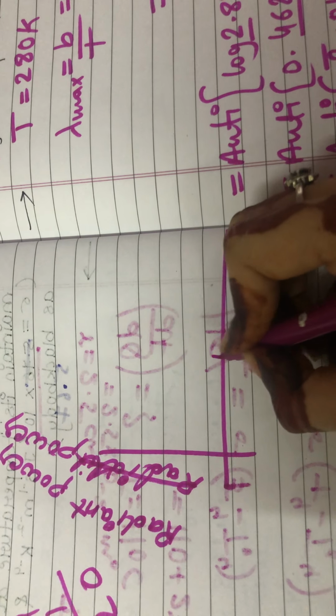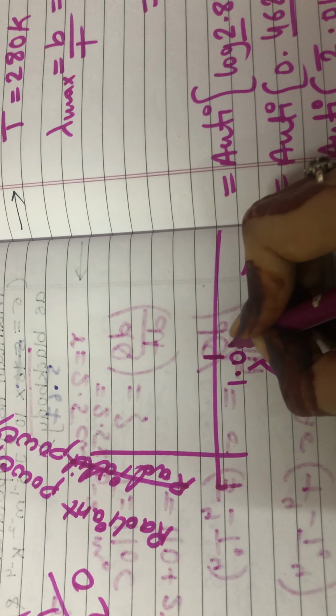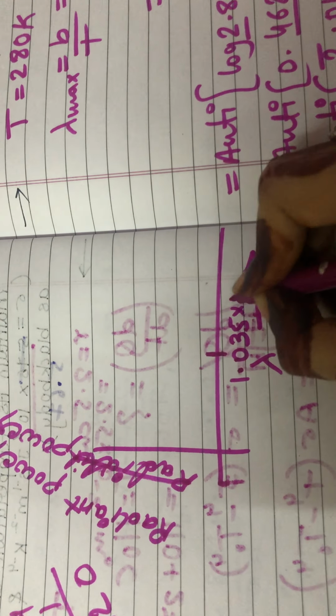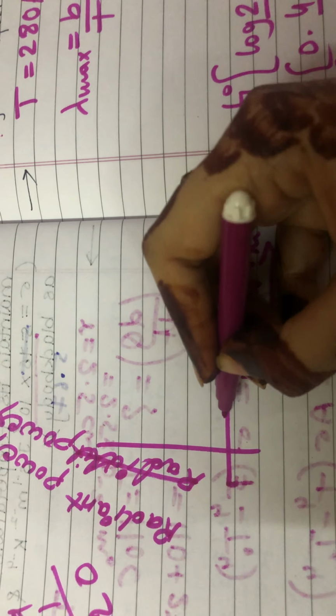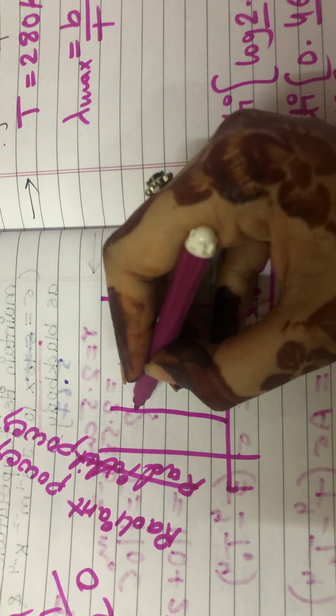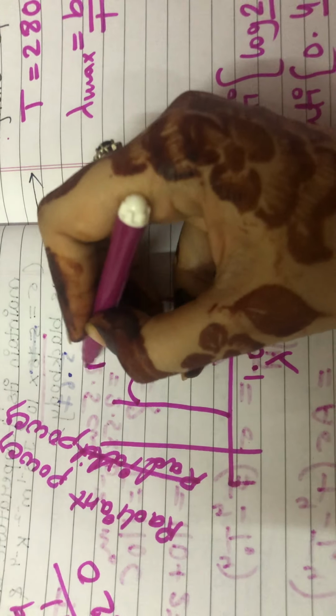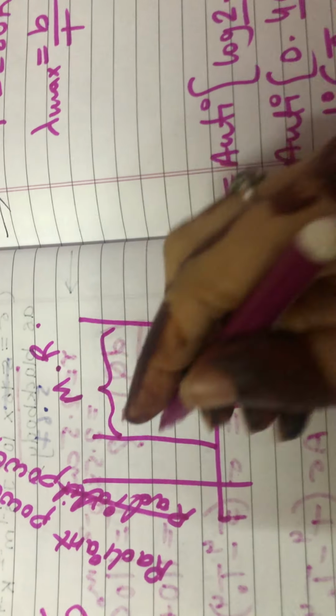Suppose here is the value which we have obtained, 1.035 into 10 raised to minus 5 meter. This is my microwave region, I'm just writing MR.